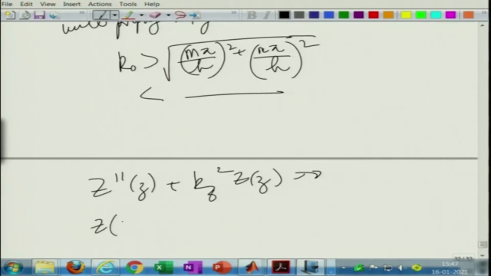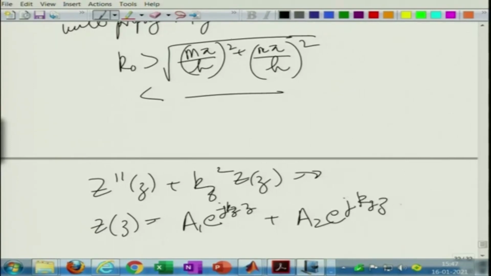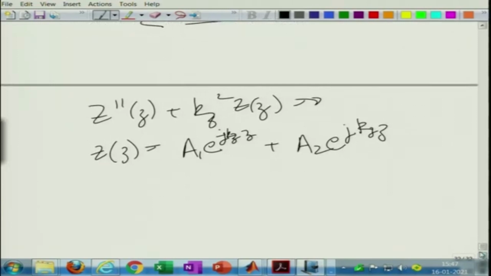So, Z will become a1 times e to the power minus j k z plus a2 times e to the power j k z. We have this kind of thing where k z is given by the expressions noted above.